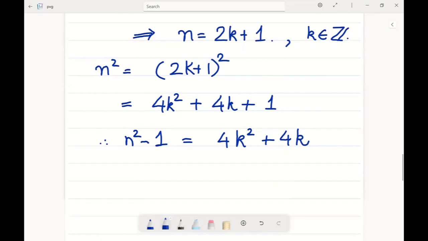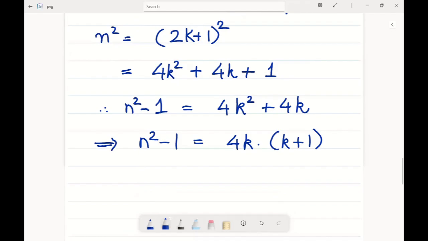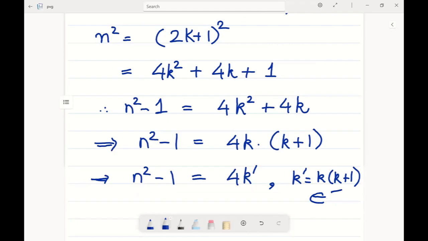And therefore, I'm getting that n square minus 1 is actually 4 times k plus 1. I'm taking 4k common. So this means that n square minus 1 is equal to 4 times some k dash. What is k dash? The value of k dash is k into k plus 1. So this is also an integer.